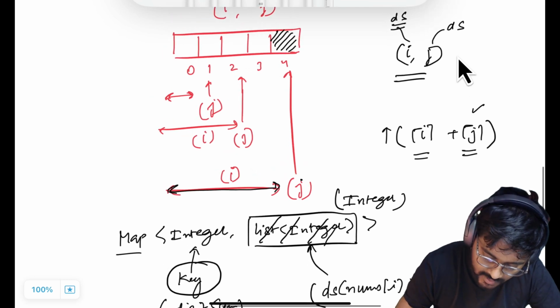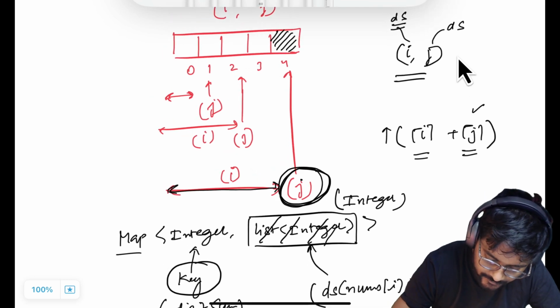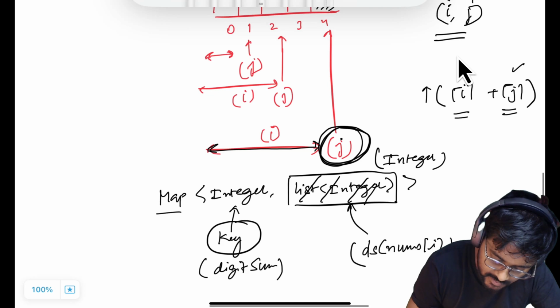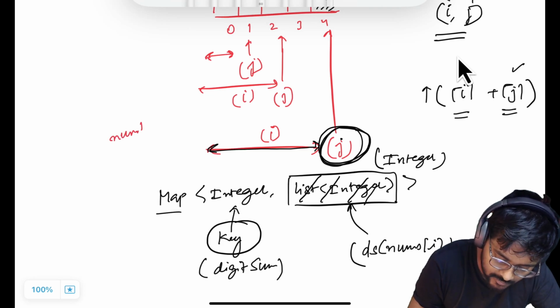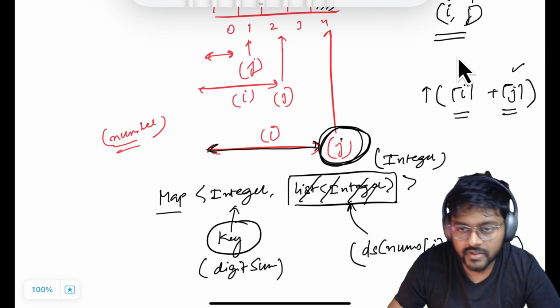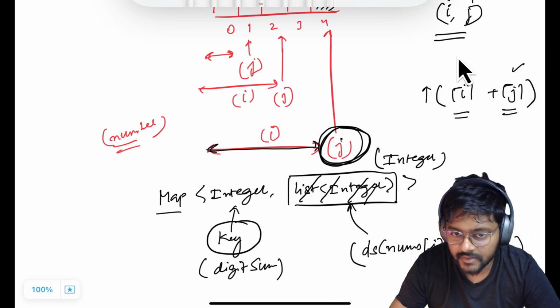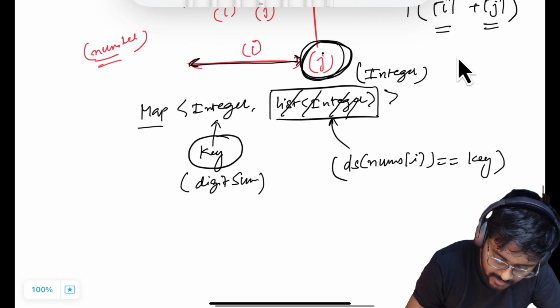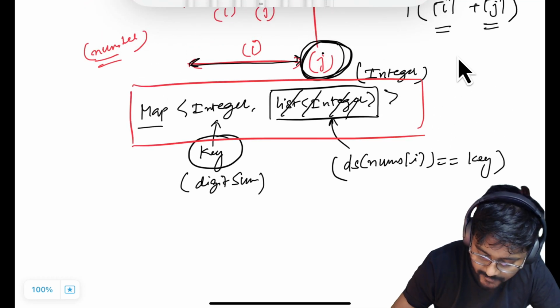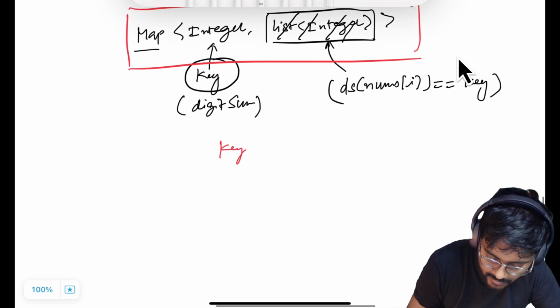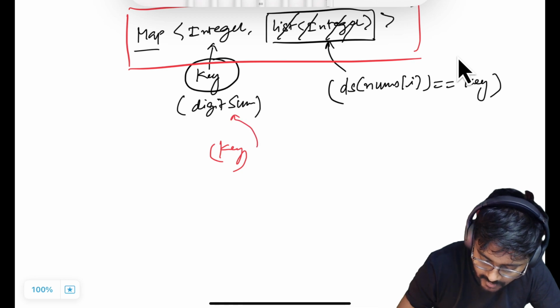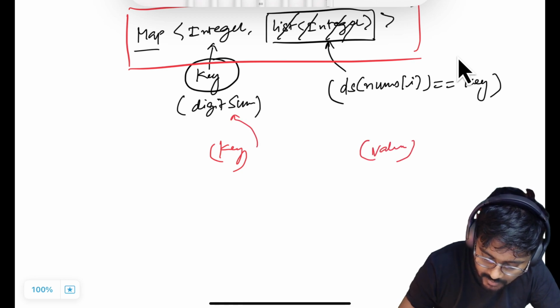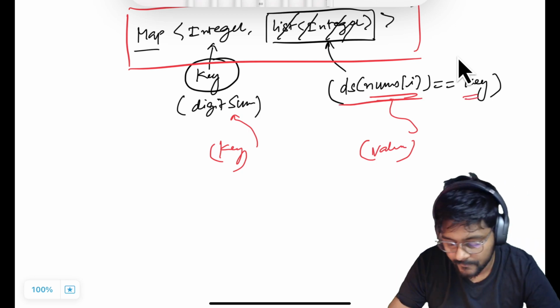So for every j, I need to get a number on the left side which is having same digit sum, and that value should be maximized. So I should maintain my map such that the map is going to get a key which is equal to the digit sum, and the value is going to be the maximum value of nums of i where digit sum is equal to key.